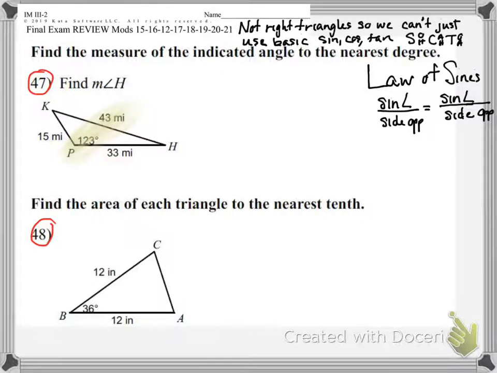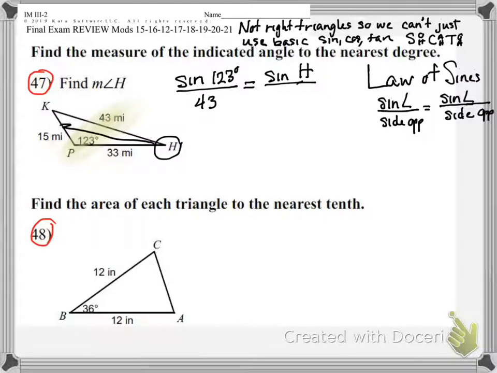That means I'm going to start with a fraction that says the sine of the only angle I know over the side that's opposite from that, equal to, and since I want to find h, sine of h over the side that's opposite from h, which should be lowercase h. The one that doesn't touch it is this one, 15, and I don't think I need to put the miles in the problem.